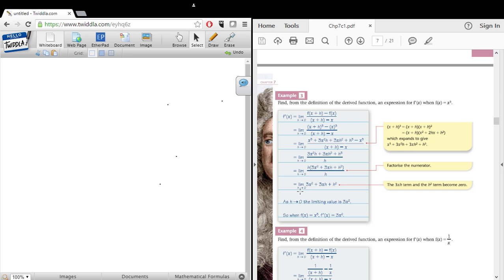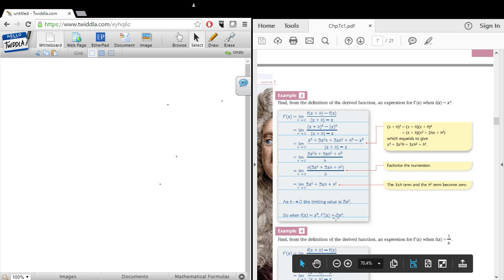Now as h goes to 0, what happens? This goes to 0, this goes to 0, and you're left with 3x squared, which means that f dash x is 3x squared. That's essentially all it's saying.